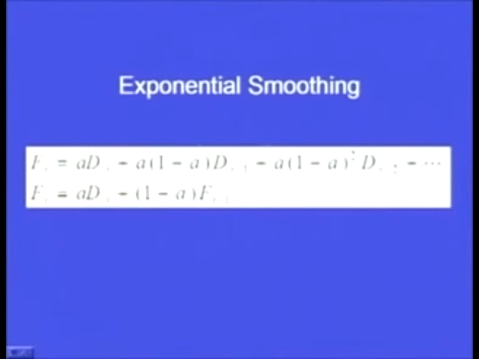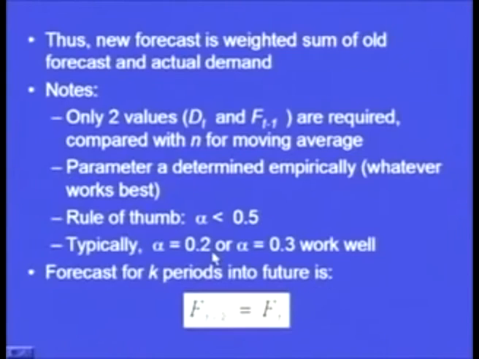Now you can see exponential smoothing, this is the same thing that we have already discussed. Thus, the new forecast is a weighted sum of the old forecast and the actual demand. I have already told you Ft minus 1 was the old forecast and dt was the actual demand. Now, there are certain notes that have to be borne in mind related to the exponential smoothing method.